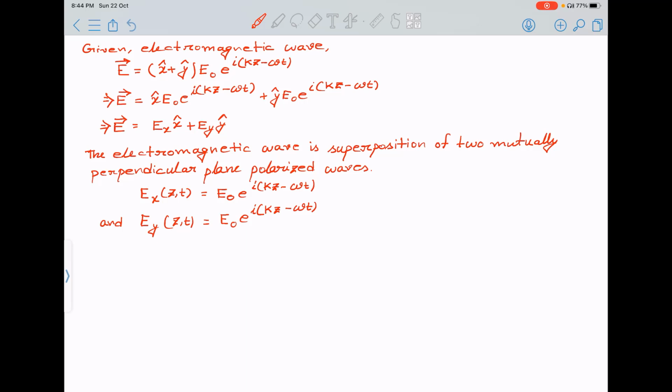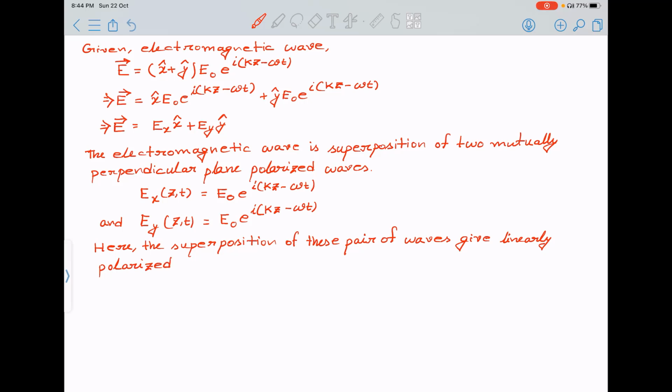Okay, now the superposition of this pair of waves gives a linearly polarized wave, as the phase difference, let us say delta, equals 0.